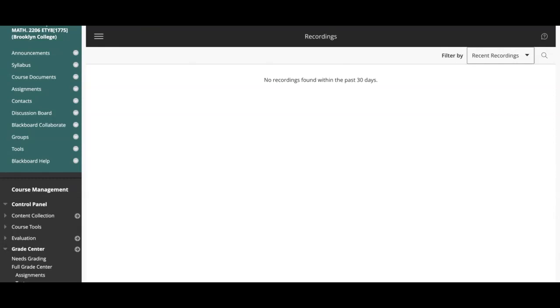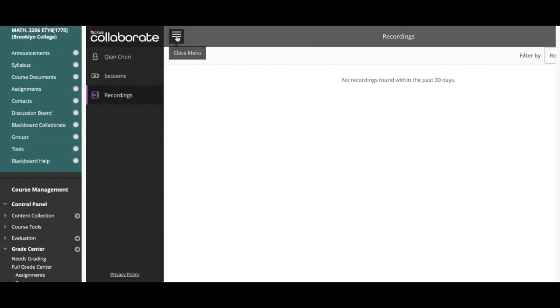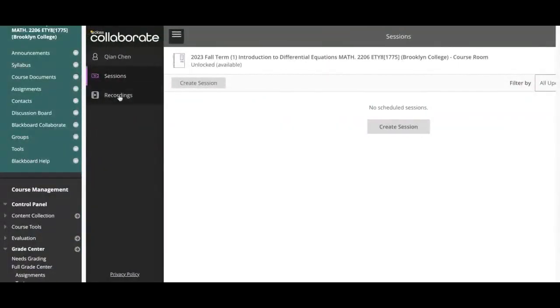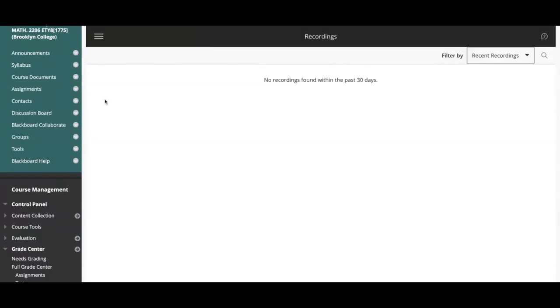It hasn't been posted yet, but after we finish our class, probably about 5 minutes afterwards, it will show up here. So you click on the menu bar, click on Blackboard Collaborate, you get into the classroom, and the recordings should be here.